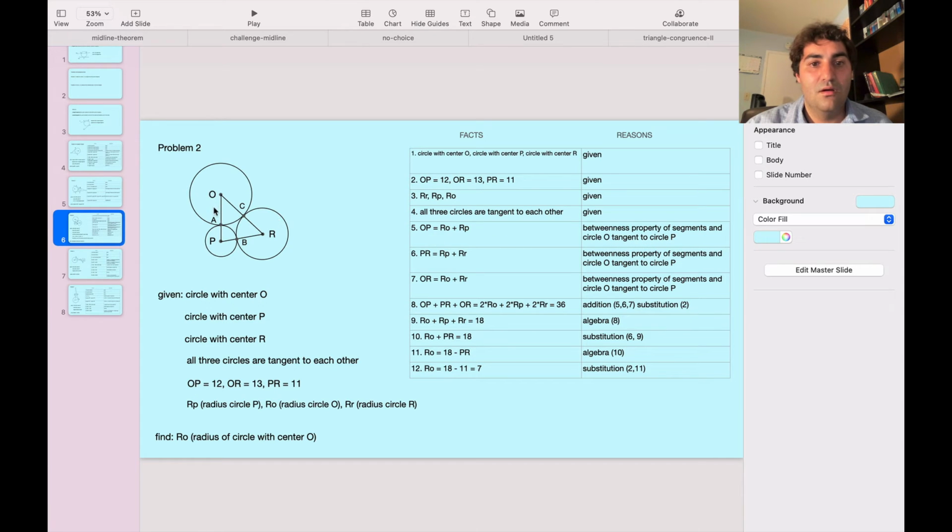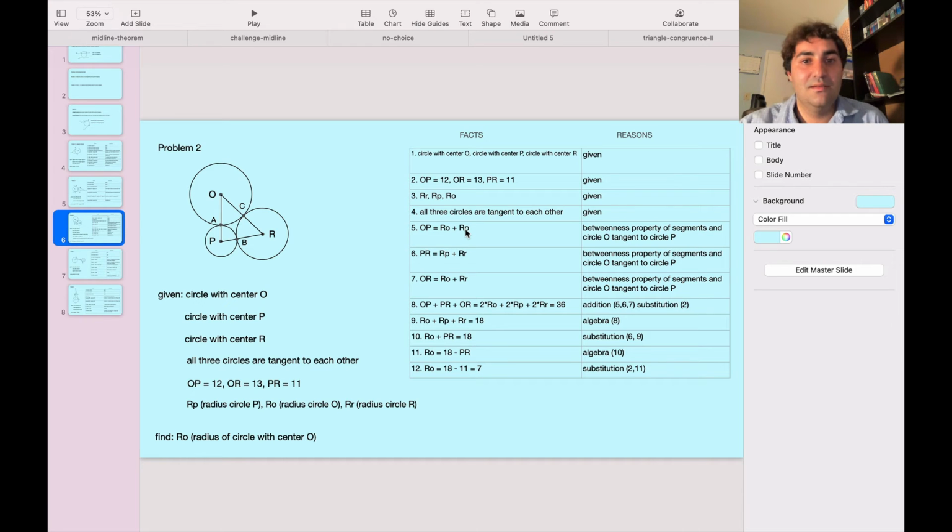to get length OP is equal to the radius of the circle of center O plus the radius of the circle with center P. And in this case, I'm using these as measures, right?